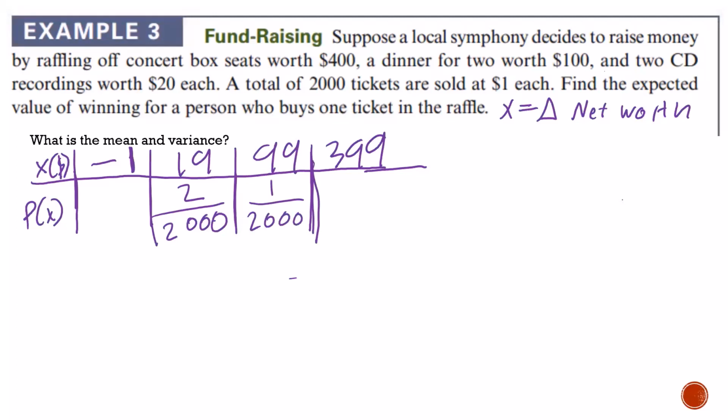One person will win this. Which means how many of the tickets don't win? All but 4. So the probability here would be 1,996 out of 2,000. So that's the distribution.